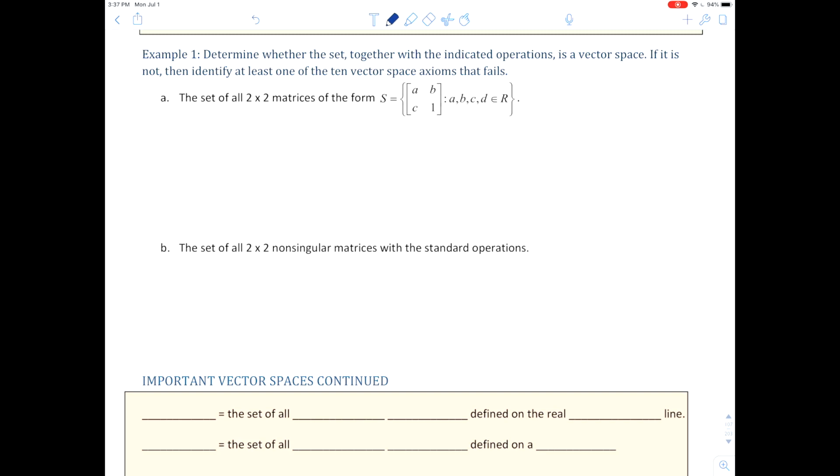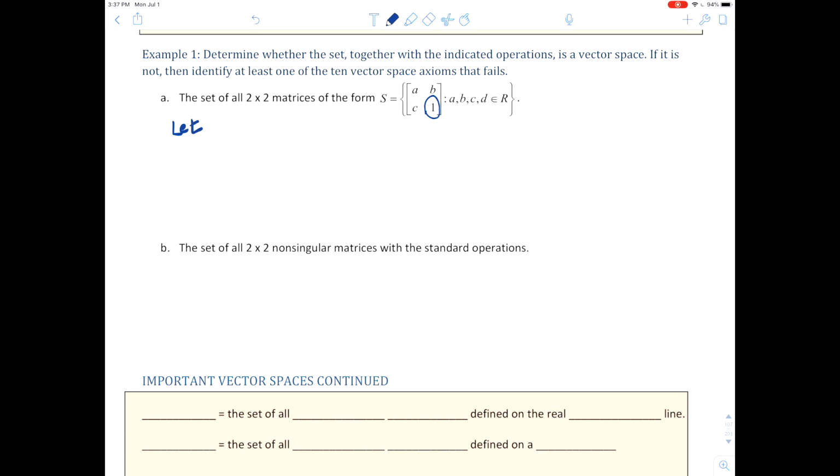So what do you think? Well, why don't we check it out? I don't think it's going to work, because this 1 right here will fail multiple things, but it'll definitely fail the scalar multiplication closure property and the addition closure property.